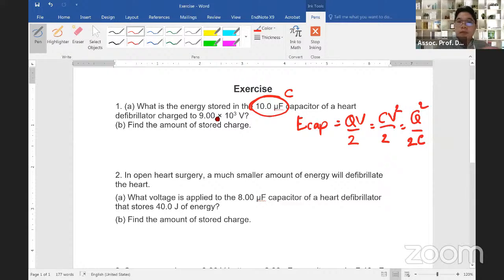It means 9,000 volts. So we have C and we have V. The energy in this capacitor will be CV squared divided by 2. How much?